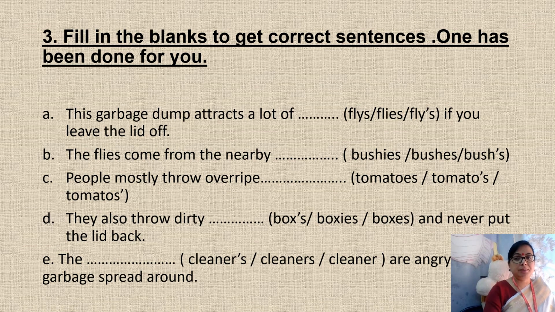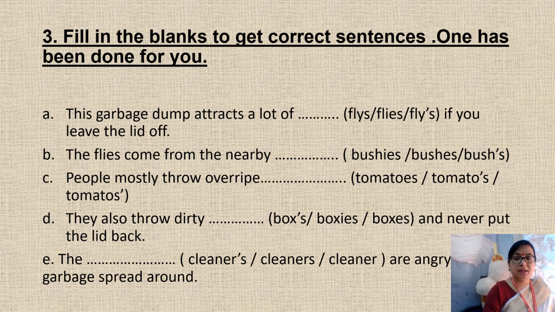Now moving on to number 3, fill in the blanks to get correct sentences. This garbage dump attracts a lot of flies. Flies. It is already done in your book. Just check out.